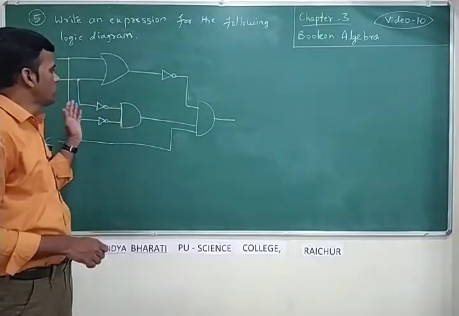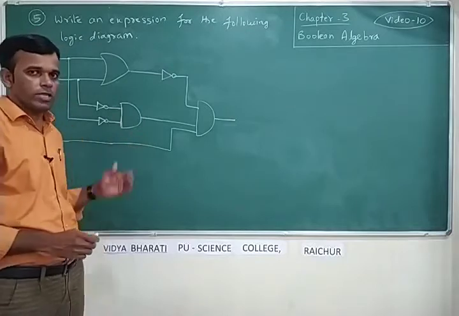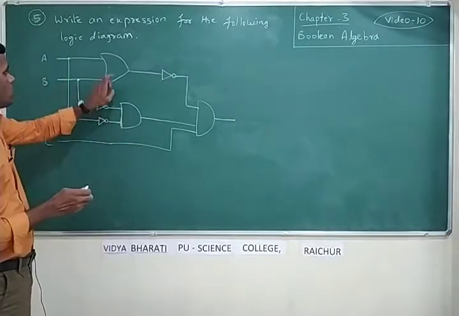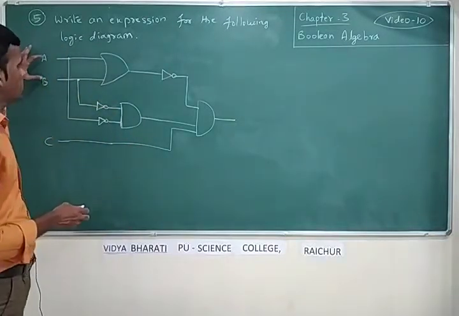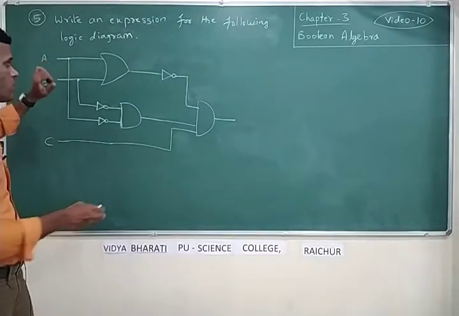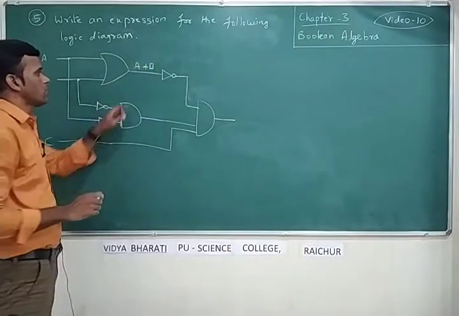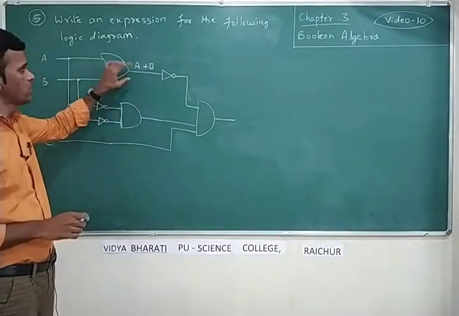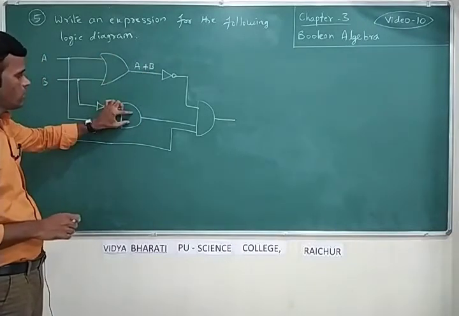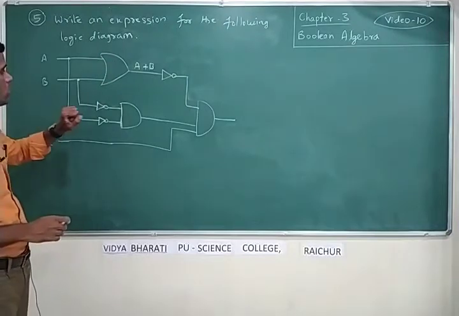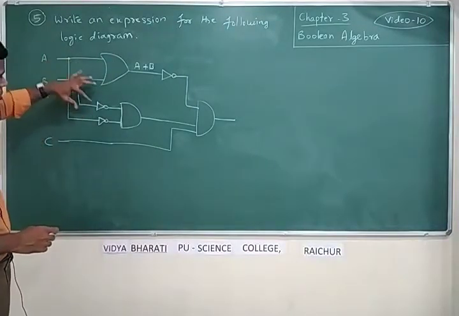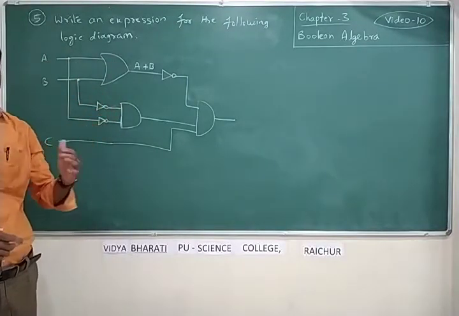We'll move gate by gate from the left side. So this is an OR gate. For this, these are the two input signals A and B, so here you can write A plus B. Plus means logical OR. For this gate, the inputs are from A and B only, but after the complement.